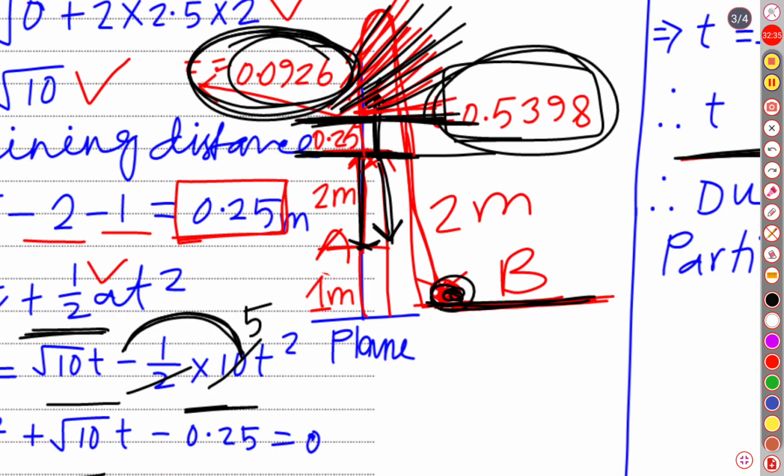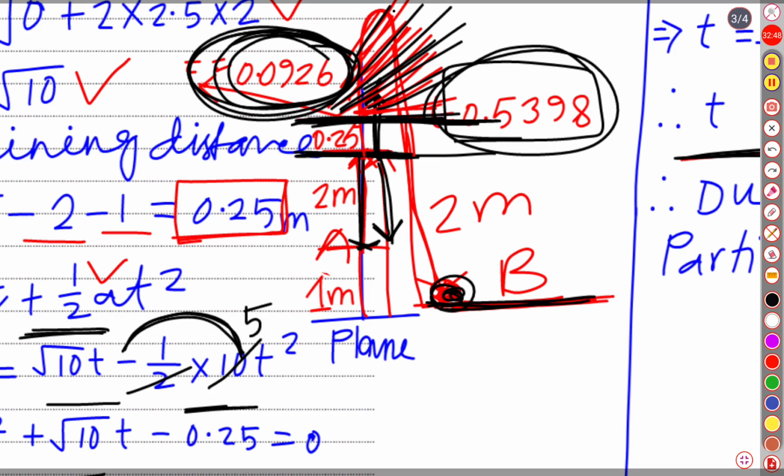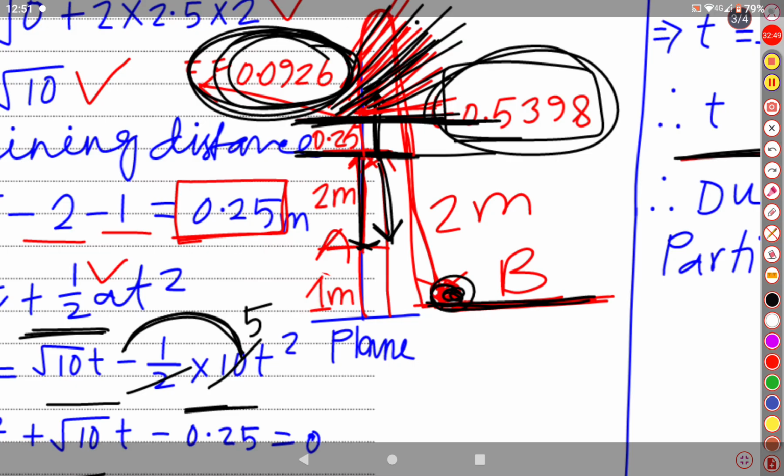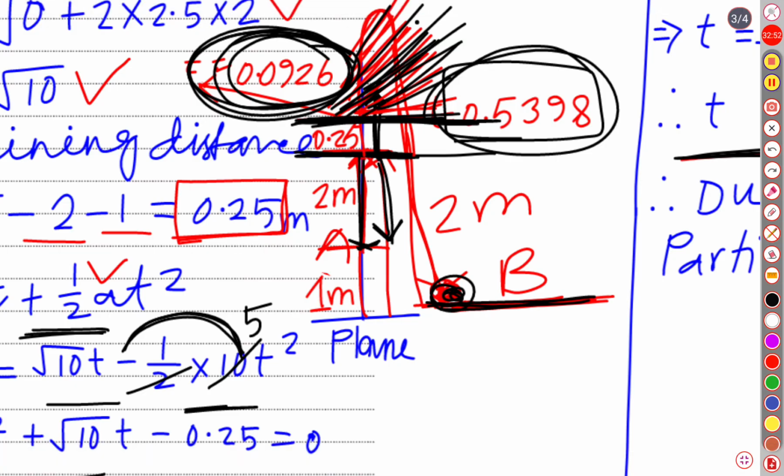But the twist is they didn't ask us to find the instant when it reaches. They told us the height should be above 3.25. That means they told this portion, not as an instant of time. They asked for the time period, meaning the duration. So first it reached at this time, and then it came back at this time.